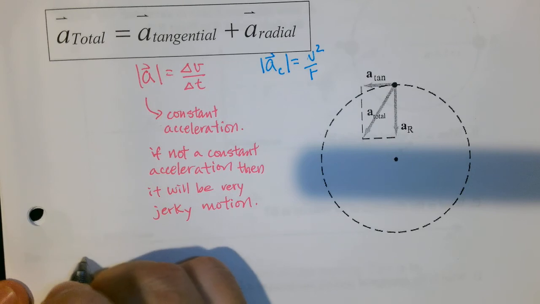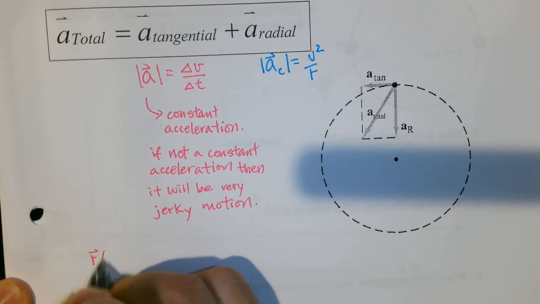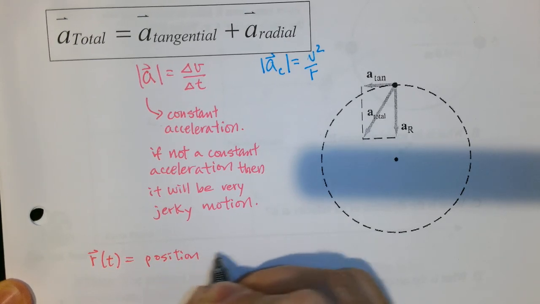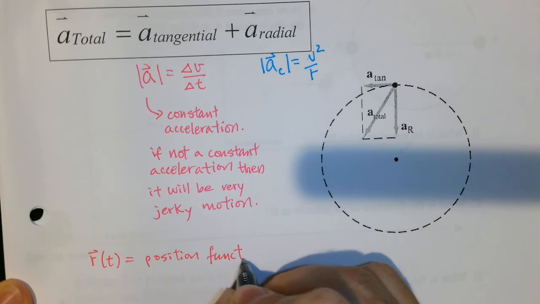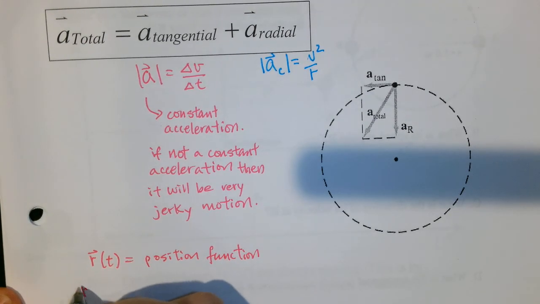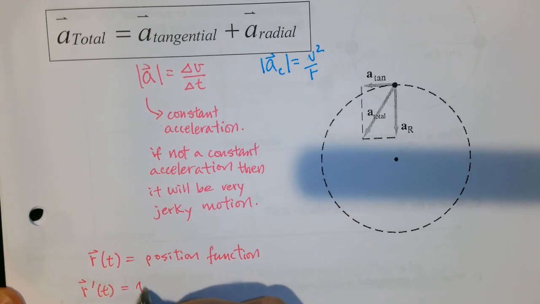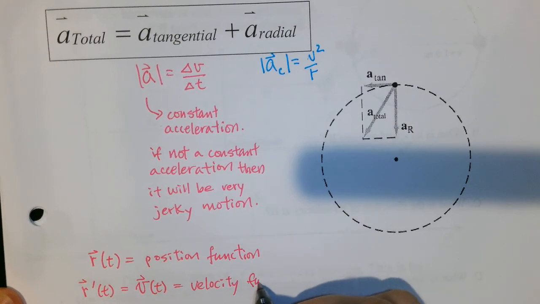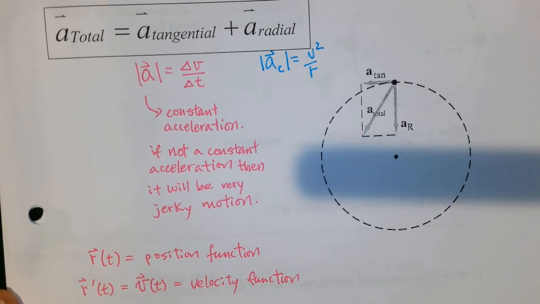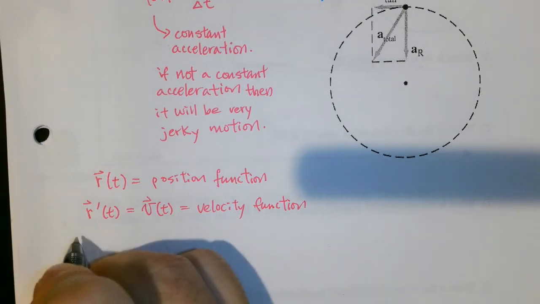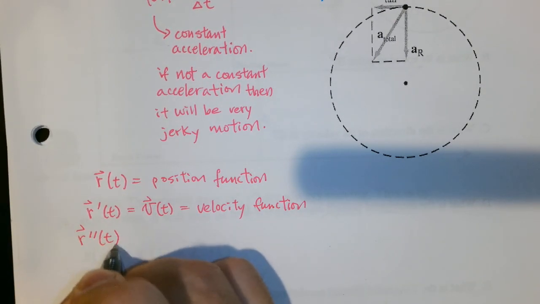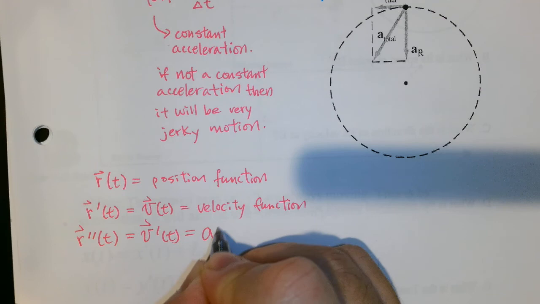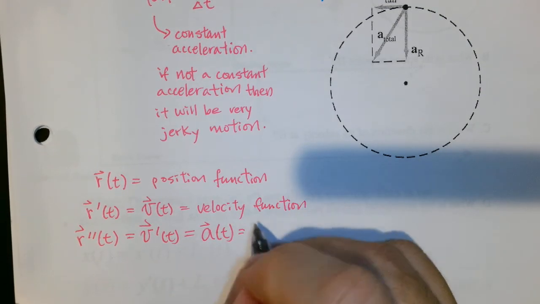So r of t is the position function, and then r prime of t is really the velocity function. And then if we take a derivative of that, which is the second derivative of the position function, which is the first derivative of the velocity function, is the acceleration function.